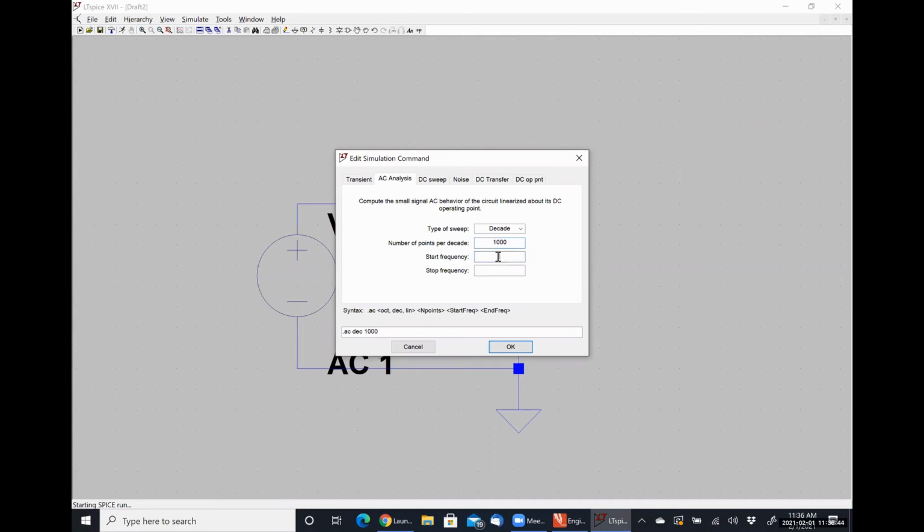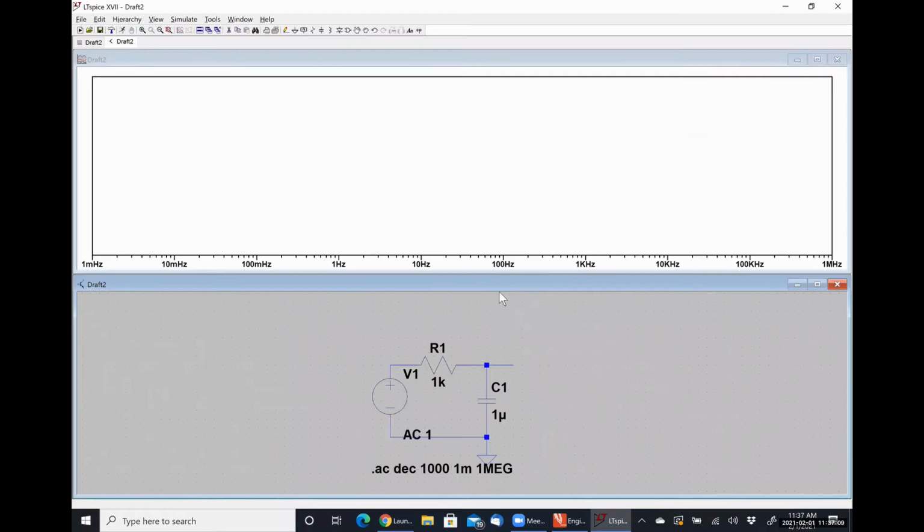Our start frequency, let's do 1 millihertz. And our stop frequency, we'll do all the way up to 1 megahertz. We can always adjust it. So we're starting at 1,000th of a hertz and ending at 1 million hertz. Let's see what happens just based on these numbers.